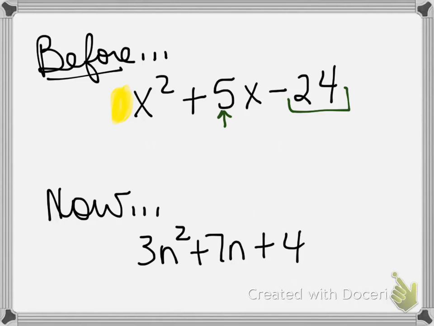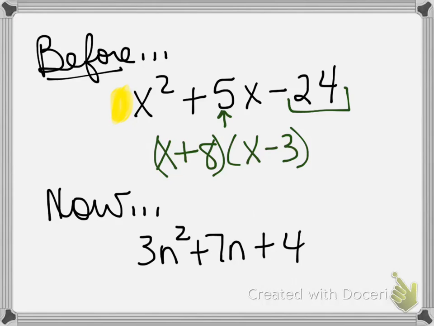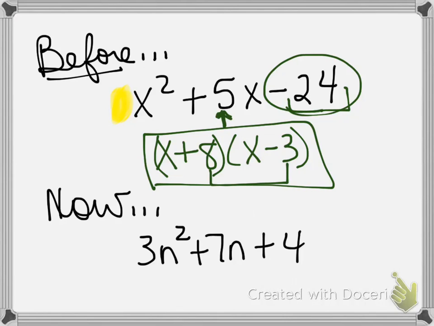So if I dealt with this problem, I could say x plus 8 and x minus 3, because 8 times negative 3 equals negative 24, and 8 plus negative 3 adds up to positive 5. And that's how our factors would look.